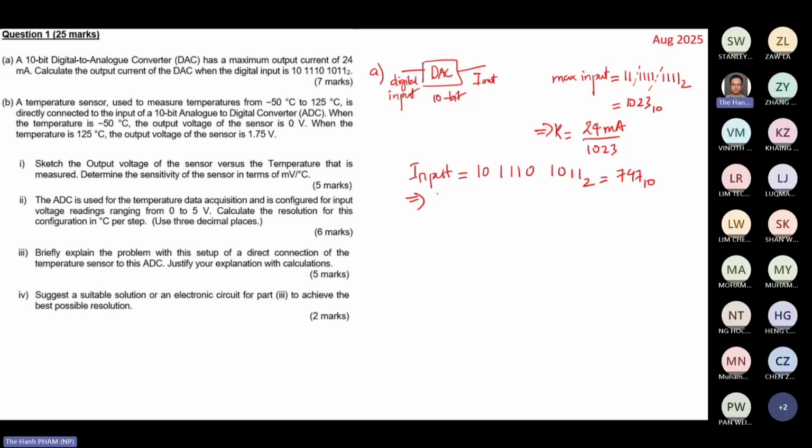So the I out should be 24 milliampere over 1023 times 747, which is, can you help me? 17.52.